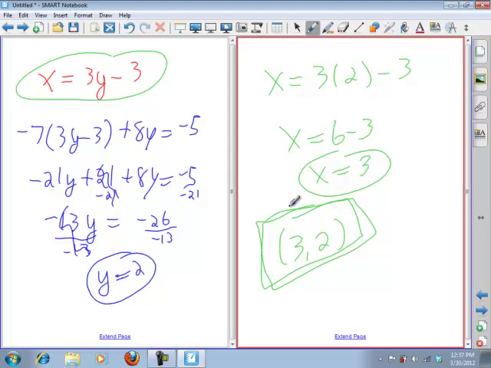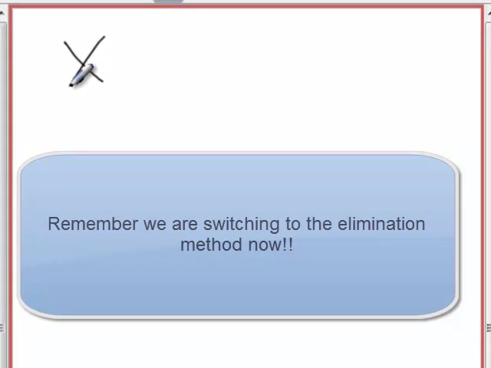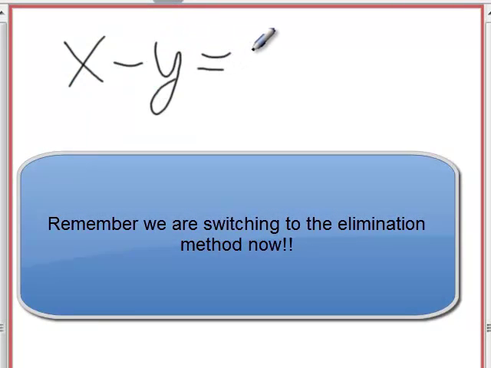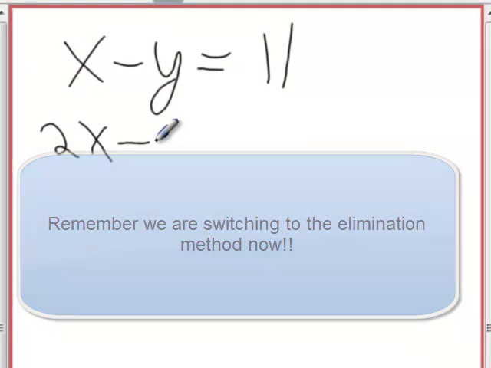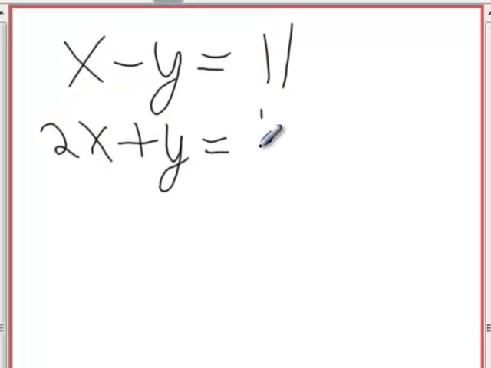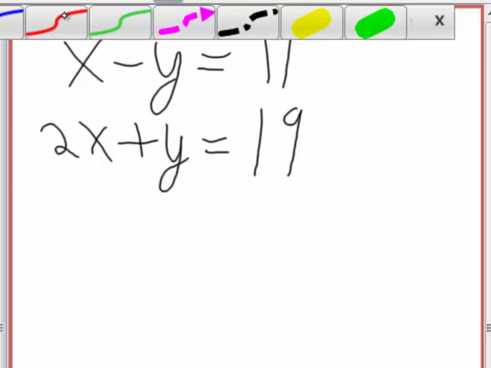Now we're going to work out an elimination, and then we'll move to elimination part 2. A difficult kind of elimination: x minus y equals 11, and 2x plus y equals 19. Right off the bat, I'm going to put in red what I'm going to do.